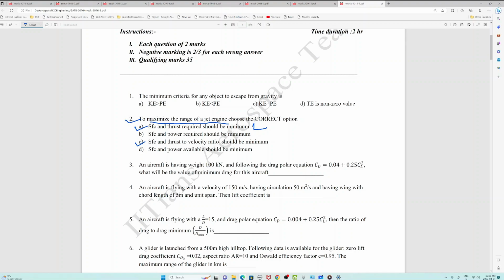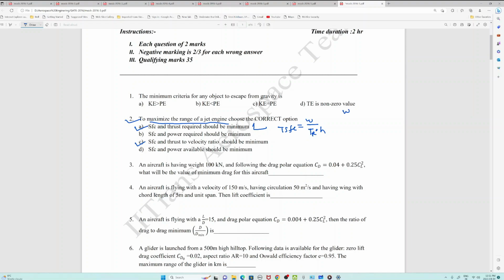Okay, we can find it here, no problem. So obviously this is jet engine, so we can write TSFC is equal to weight of fuel, we will denote by W, per thrust required and time, hour. So they are talking about the range, so obviously we'll find the formula for the range.